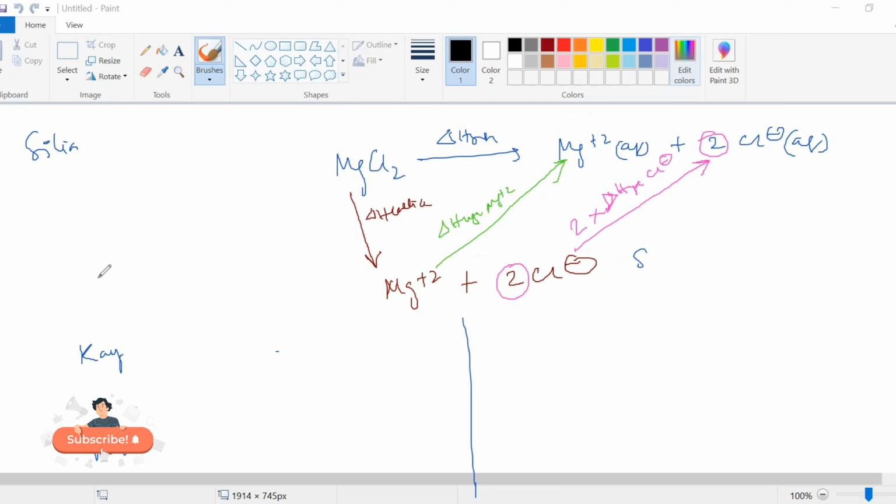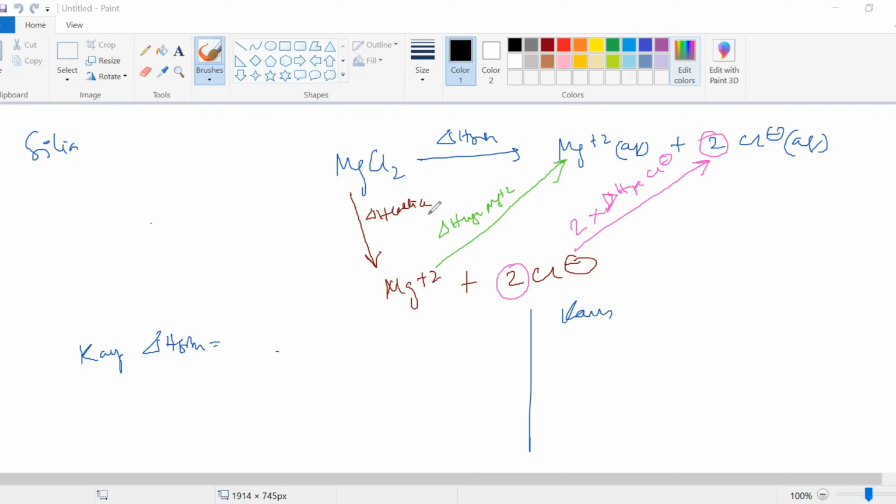Celia, try to write down the equation. Kavya, you try to write it over here. K, please tell me what challenges you're having. I'm telling you what delta H solution equation you have to write. K, where are you struggling? Celia, can you hear me?